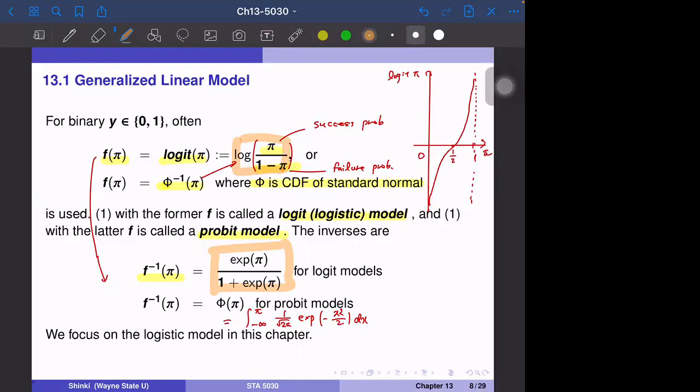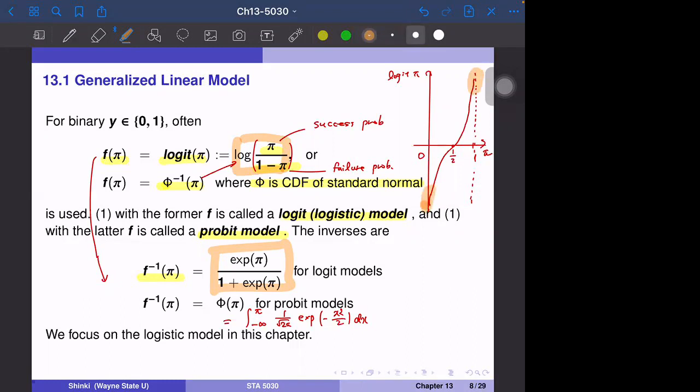But one observation with very large X actually failed. In such a case, logistic regression is more stable than probit regression, because the tail probabilities are different between logistic and probit.